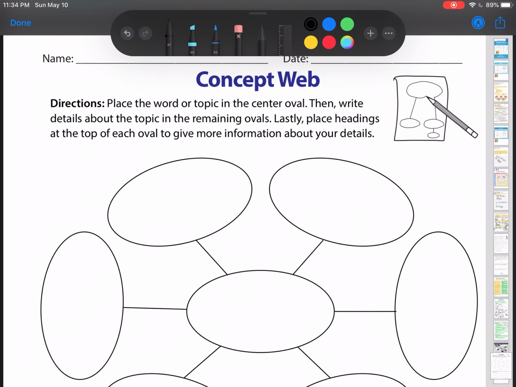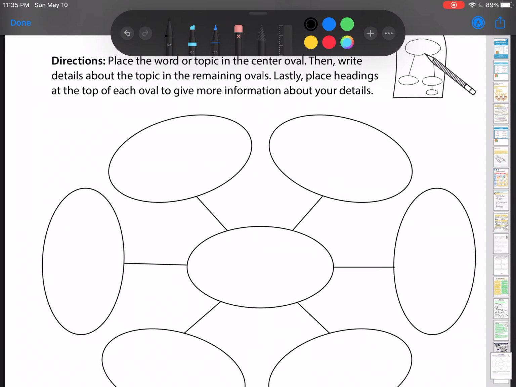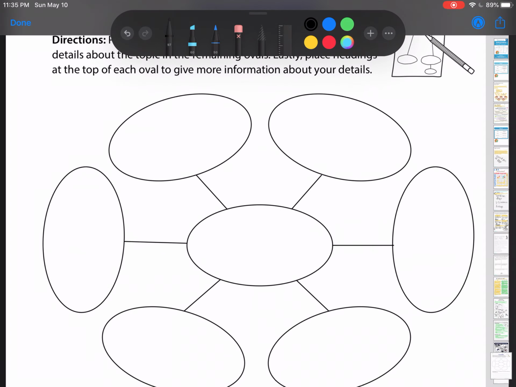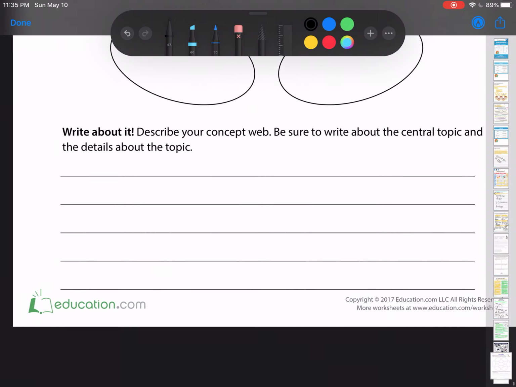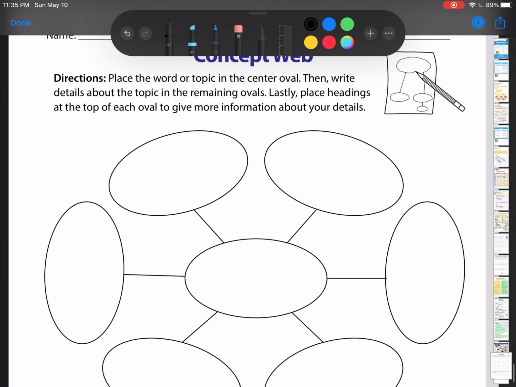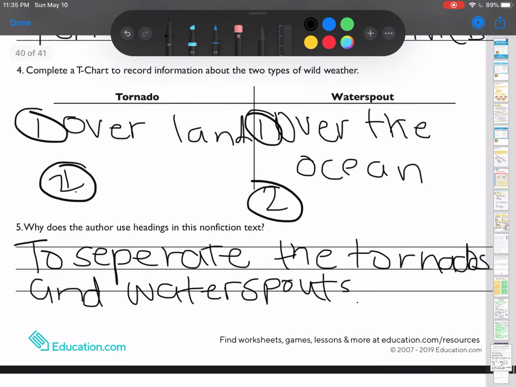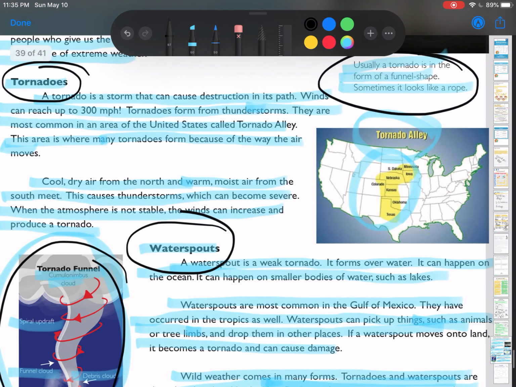Concept web. Place the word or topic in the center oval, then write details about the topic in the remaining ovals. Lastly, place the headings at the top of each oval to give more information about your details. So, let's see, what was our heading here in the story?